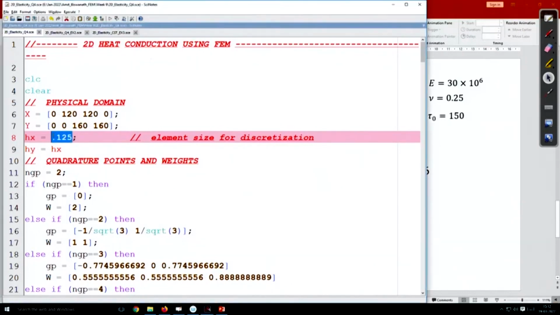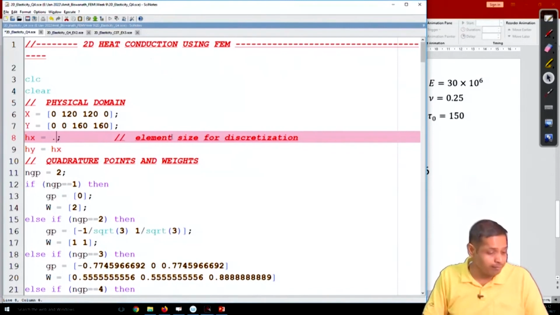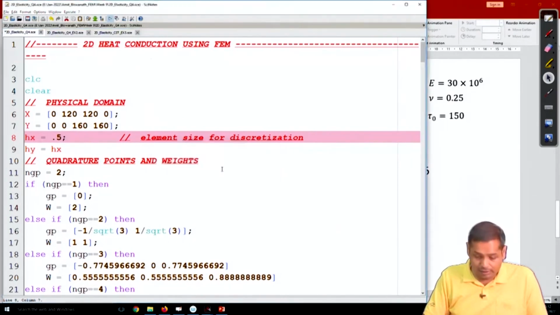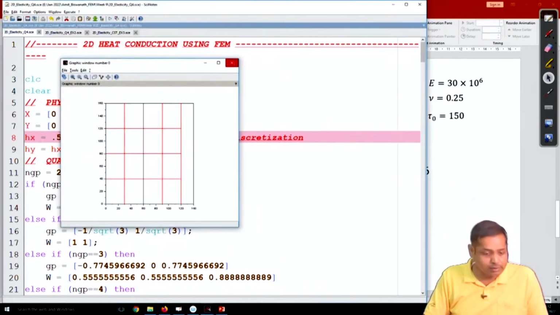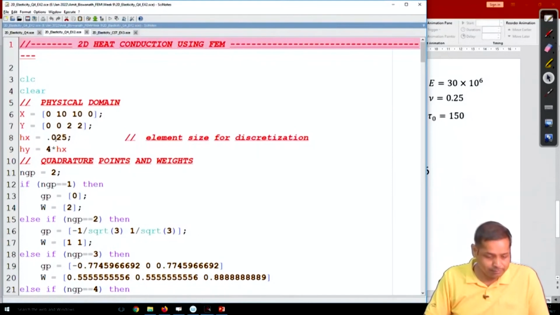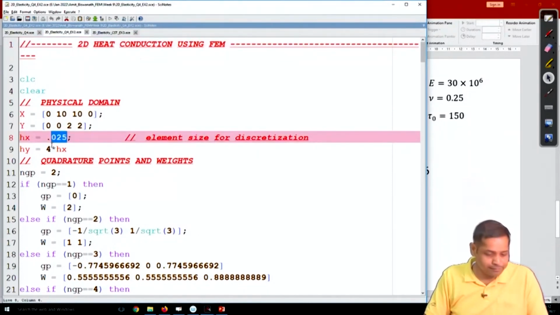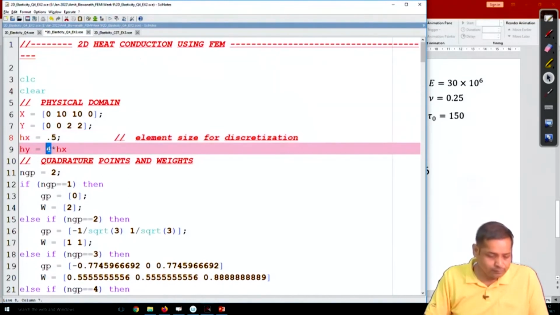So let us start with the first one. Let us start with 0.5, because that was the starting point for us in the case of the triangular element. So let's take this, for example, 0.5, and this one is 2 into this.